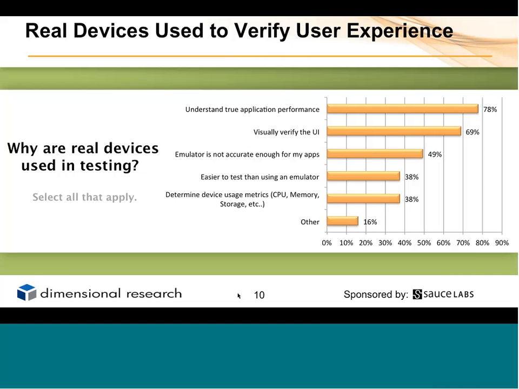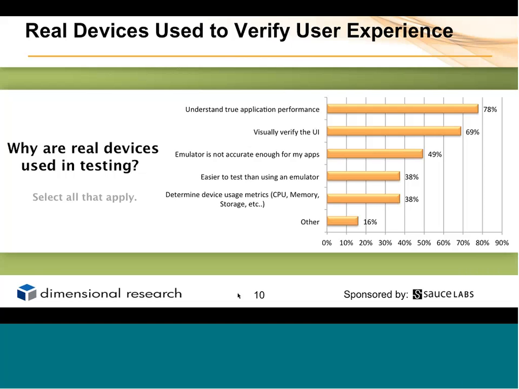We also see in here, visually verify the UI. And again, for the other reasons, I think people are very concerned with what the user's going to see. We certainly know that tolerance for mobile devices is a little less than other devices, and so we see the concern about how the user feels. Now, the second one here, visually verify the UI, this becomes perhaps a question of context.